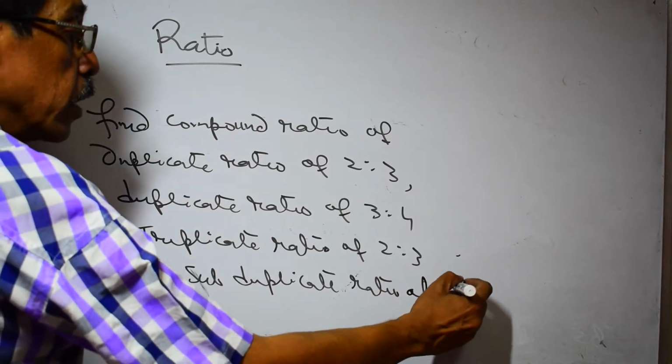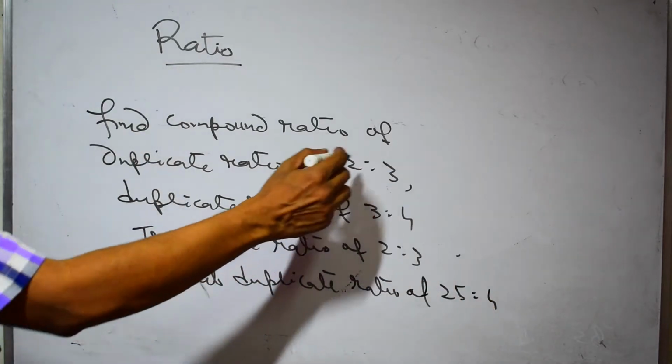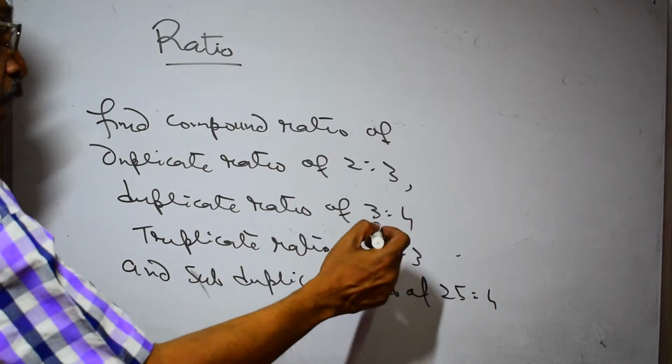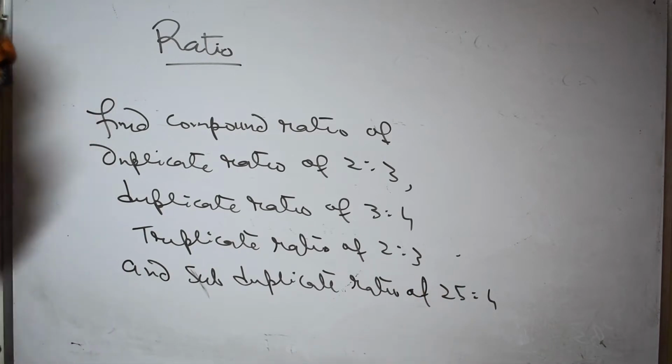So we have so many ratios. One is 2 is to 3, another one is 3 is to 4, then again 2 is to 3, and the last one is 25 is to 4.